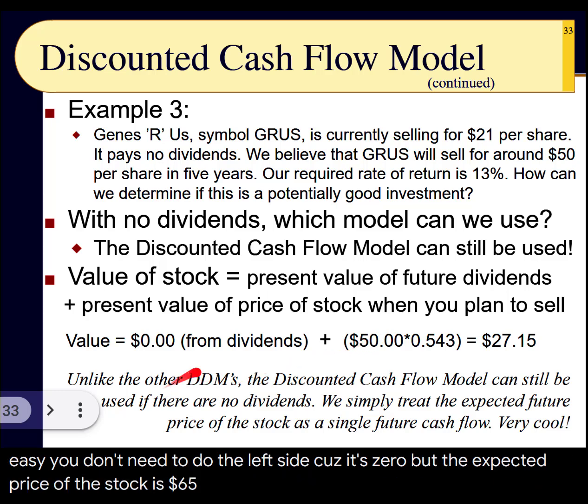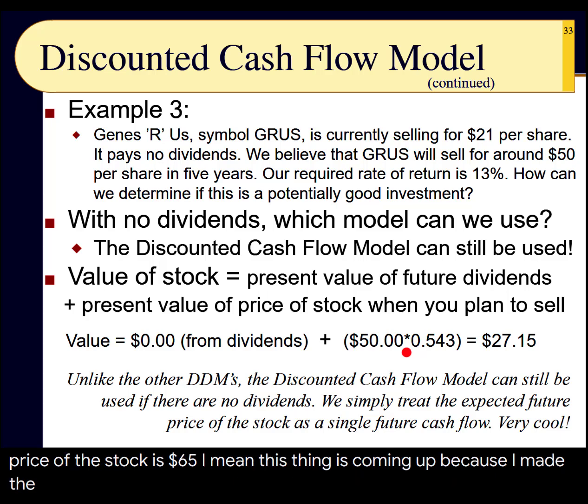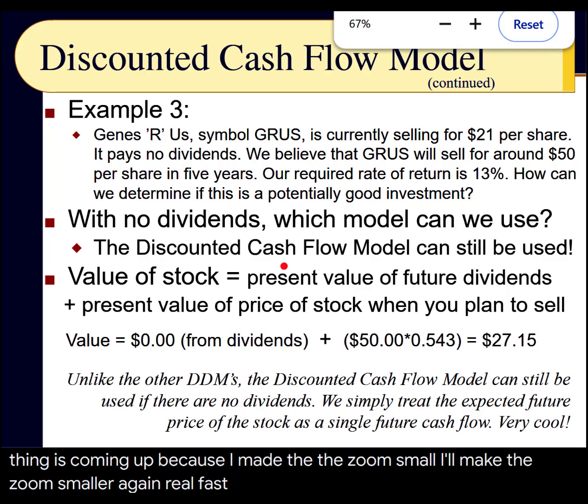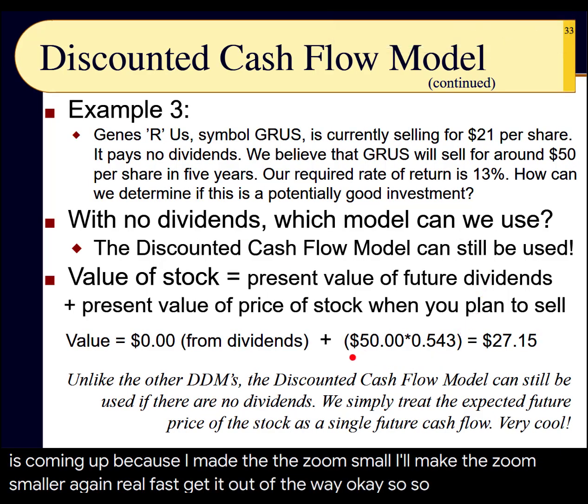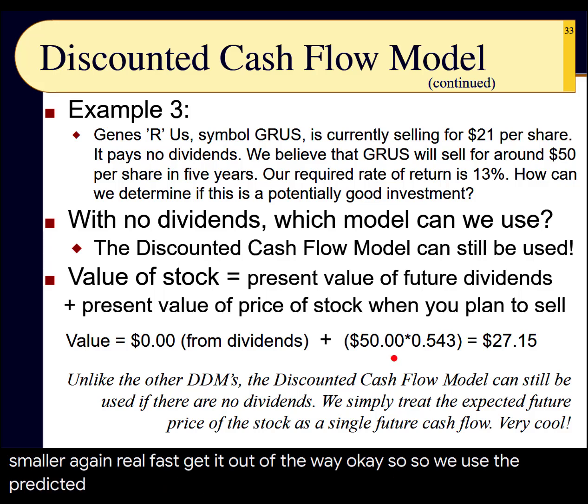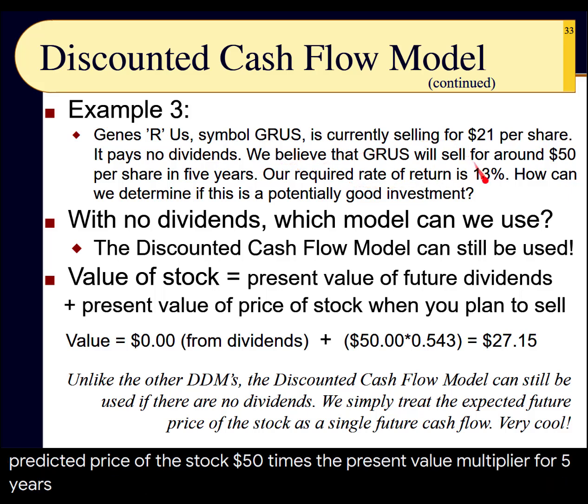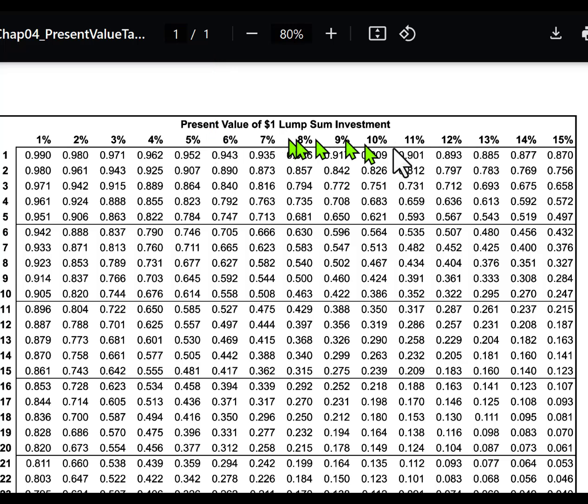Okay. So we use the predicted price of the stock, $50, times the present value multiplier for 5 years at 13%. So let's go find that. 13%, 5 years, 0.543.